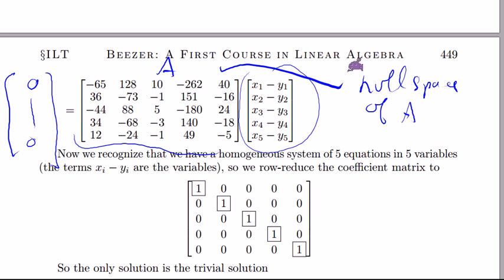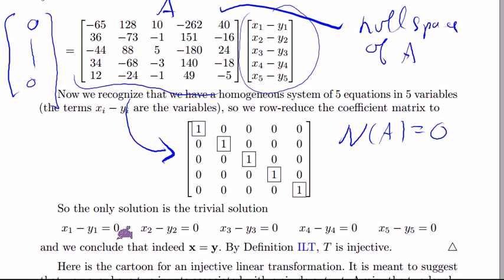We know very well how to find null spaces: you do a row reduction. When you row reduce this matrix A, it reduces to the identity. So the dimension of the null space is 0. That means the only solution to this system is x1 minus y1 equals 0, x2 minus y2 equals 0, and so on. That means that x must be equal to y.